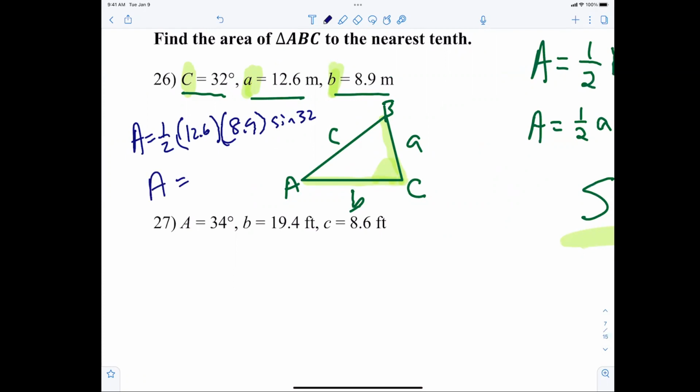Come on, guys, you've got the calculators. All right, since you didn't do it, 29.713. And then we write the units. What units? Meters what? Squared, because we're dealing with area. Meters squared.